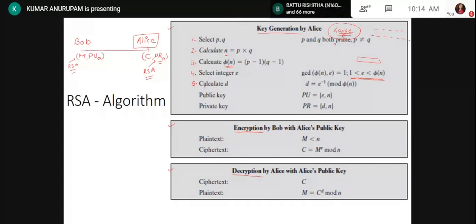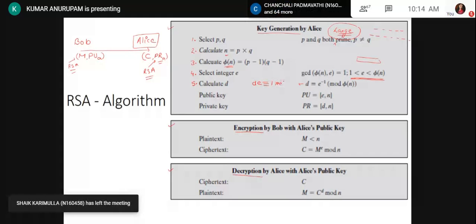Fifth step says that you need to calculate D. Now, what is D? D is congruent to E inverse mod phi n. In some other places, you will also find it written like this: D multiplied by E is congruent to 1 mod phi n.